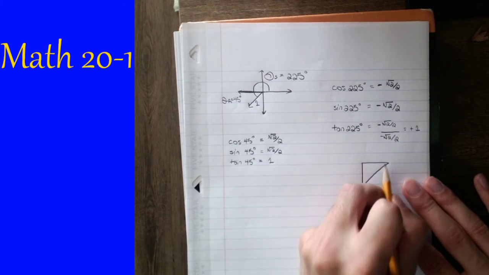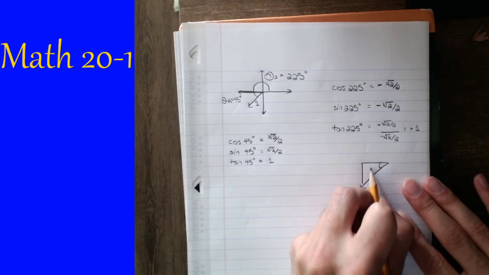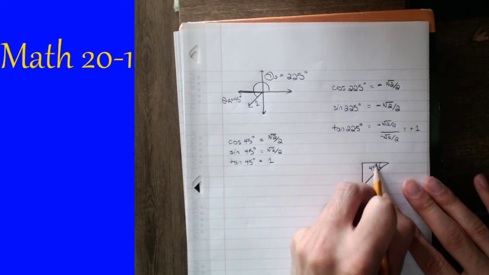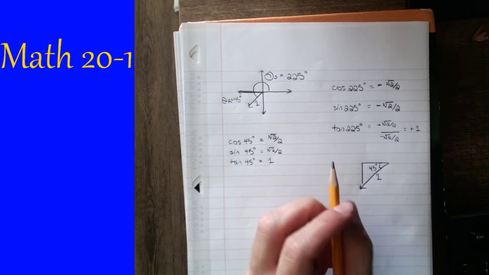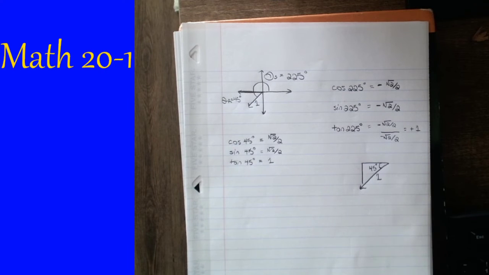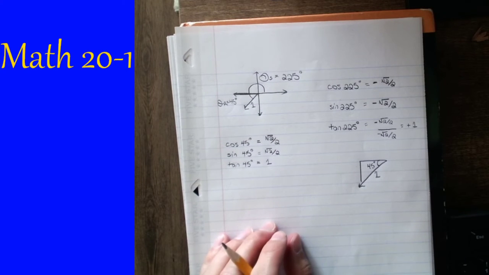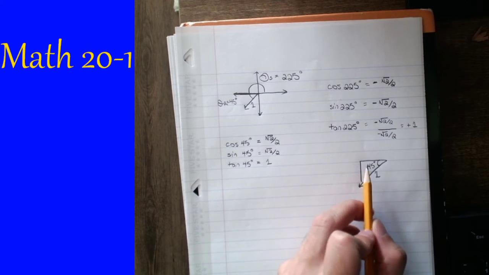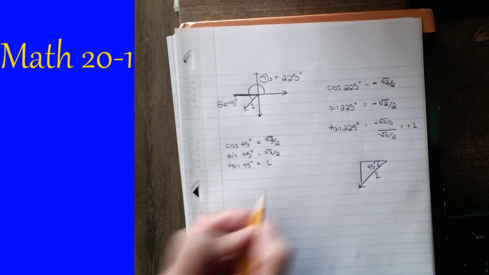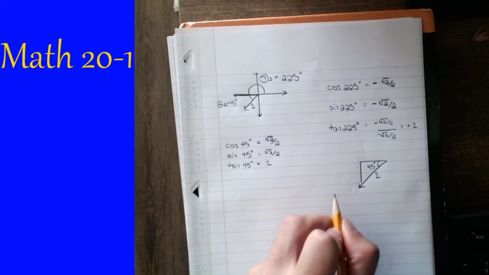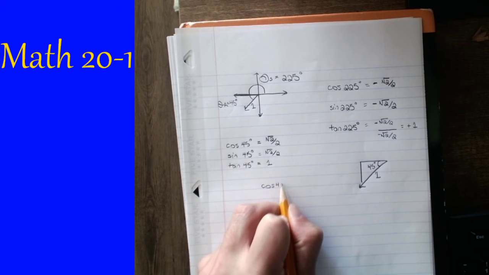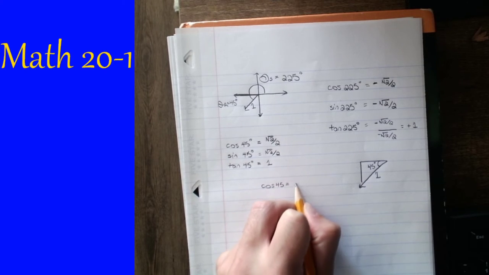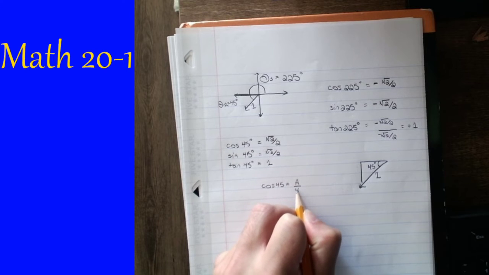I want to explain very briefly, if we actually draw that triangle, we have that this angle is 45 degrees and this is 1. What we want to do is take a look at our regular equation here, the cosine of 45 is equal to adjacent over hypotenuse.